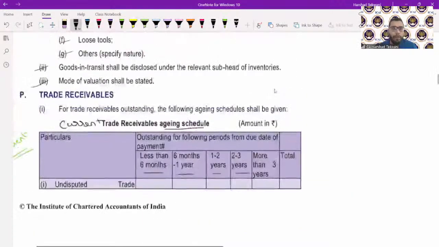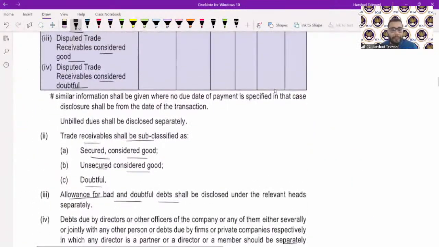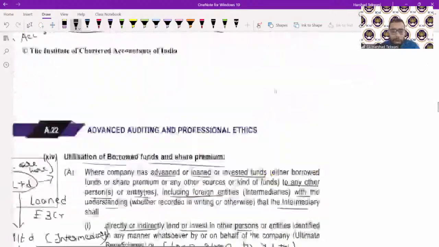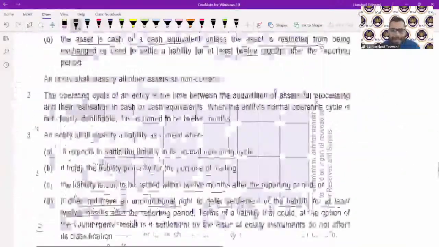The reason is that for trade receivables we were using this kind of bifurcation: secured considered good, unsecured considered good, and doubtful. Now in Division 2 we are using a bit different terminology, but they mean the same.